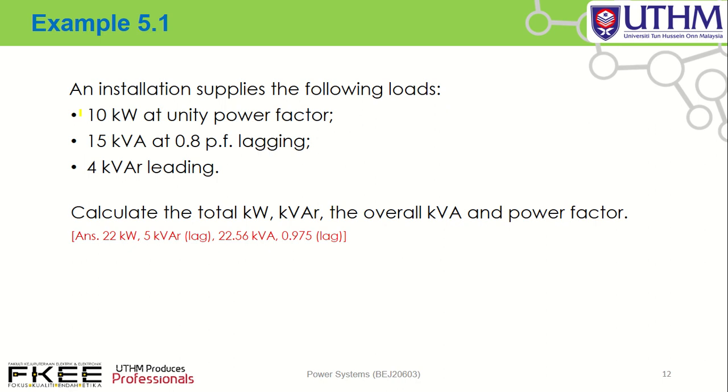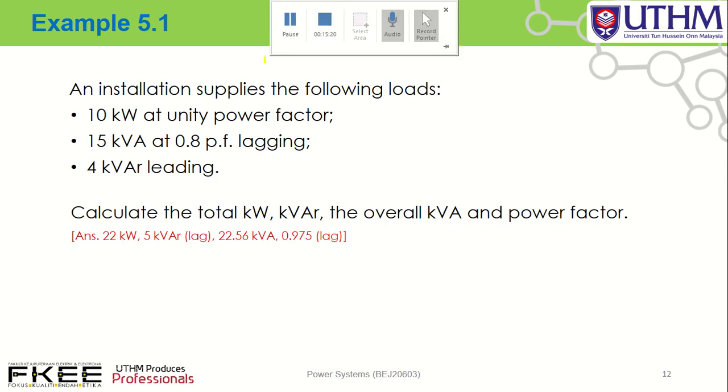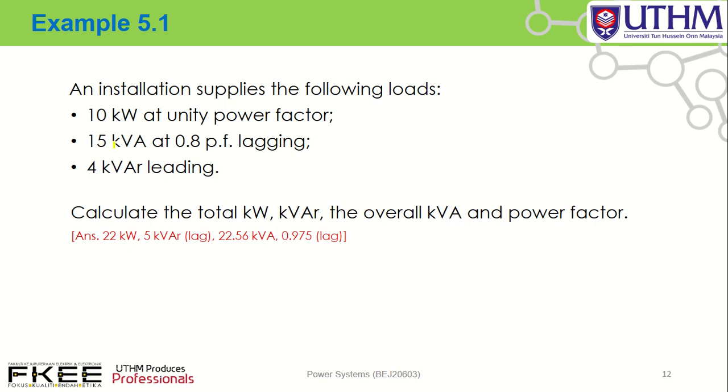We have 3 loads: load number 1 is 10 kilowatt at unity power factor; load number 2 is 15 kilovolt ampere at 0.8 power factor lagging; and load number 3 is 4 kilovolt ampere reactive at leading power factor, a purely capacitive load.